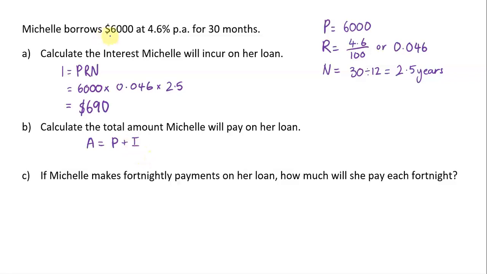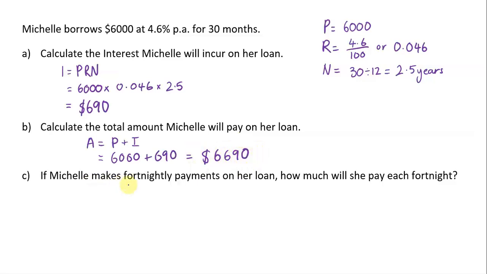So Michelle has to pay back the whole $6,000 she borrowed, plus the interest that the bank is going to charge. So that's $6,000, the principal, plus the $690 interest. So altogether, Michelle is going to have to pay back $6,690 to the bank. This is the total amount that she will end up paying back on her loan.